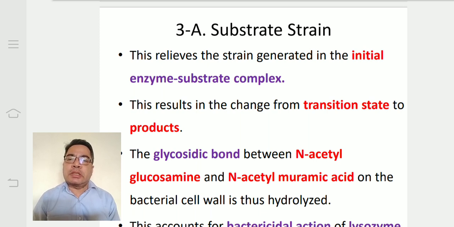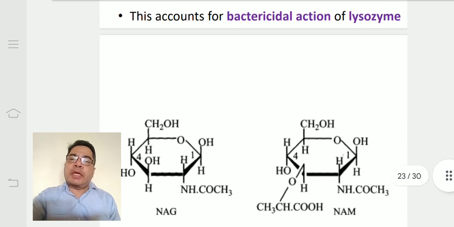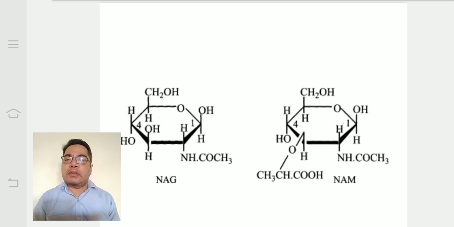This results in the transition state to the products. The glycosidic bond between N-acetyl glucosamine and N-acetyl muramic acid on the bacterial cell wall is thus hydrolyzed. This accounts for the bactericidal action of lysozyme. We can see in this diagram that on the left side N-acetyl glucosamine is present, whereas on the right side N-acetyl muramic acid is present.